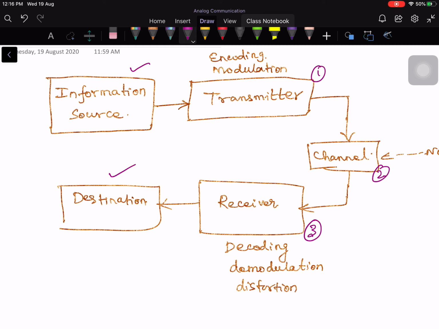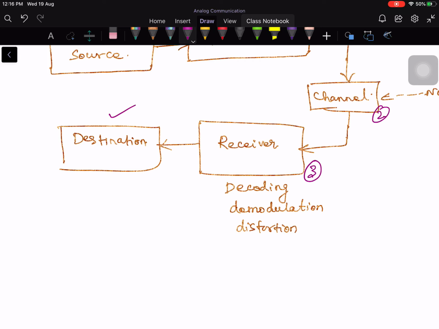Now let us look at the functions of these blocks one by one. The first block is the transmitter. The job of the transmitter is to prepare this information for actual sending through some physical channel, that is, some physical medium through which the propagation of information has to take place.